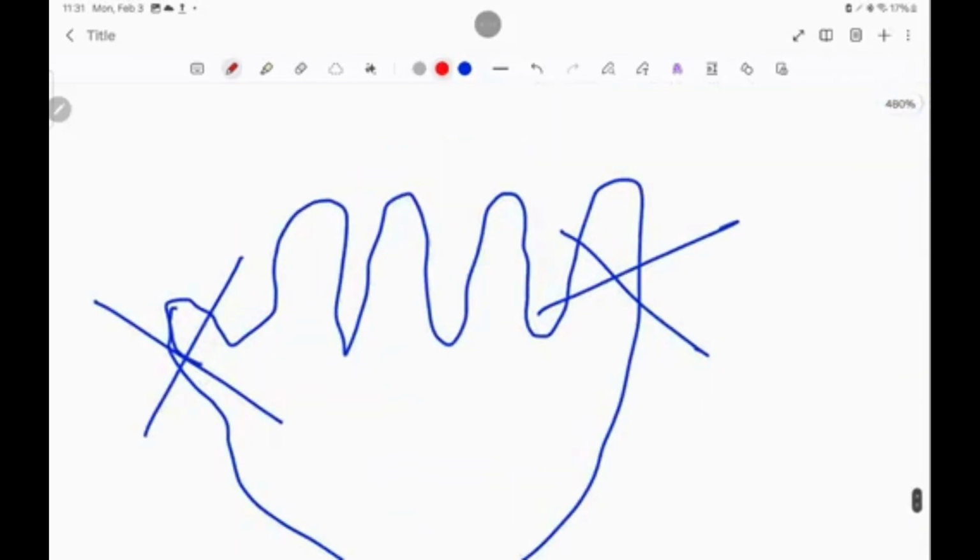The middle finger, we said we cannot adduct it, but abduction, we can abduct it. We can move it away from the middle axis. We can move it to the right and we can move it to the left. The middle finger has two abductors, on both its sides, to move it like this and to move it like this.